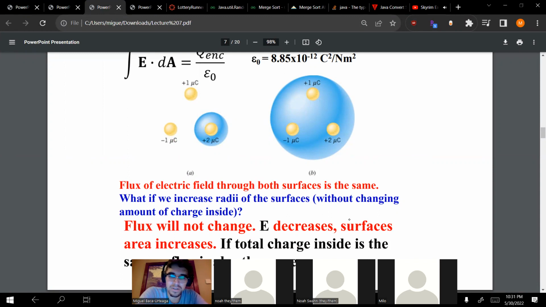What if we increase the radii of the surfaces without changing the amount of charge inside? The flux does not change, which is kind of crazy to think about in my opinion.